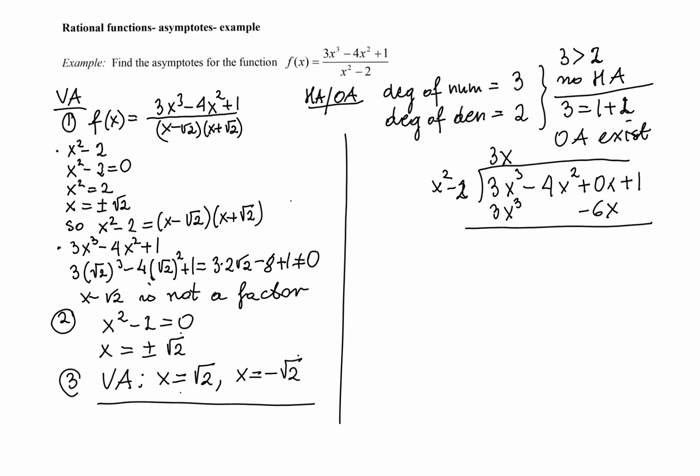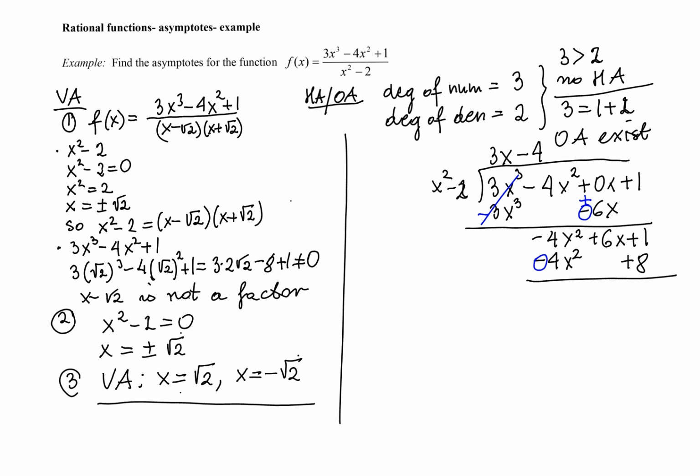We'll subtract those polynomials. Subtracting means changing signs to the opposite and adding. So the difference is going to be negative 4x squared plus 6x plus 1. Now dividing the leading term of that polynomial, negative 4x squared, by x squared is going to give me negative 4. And multiplying back will give me negative 4x squared plus 8.